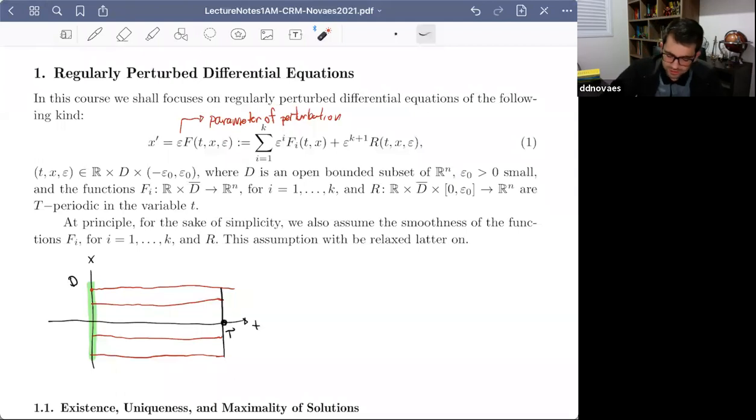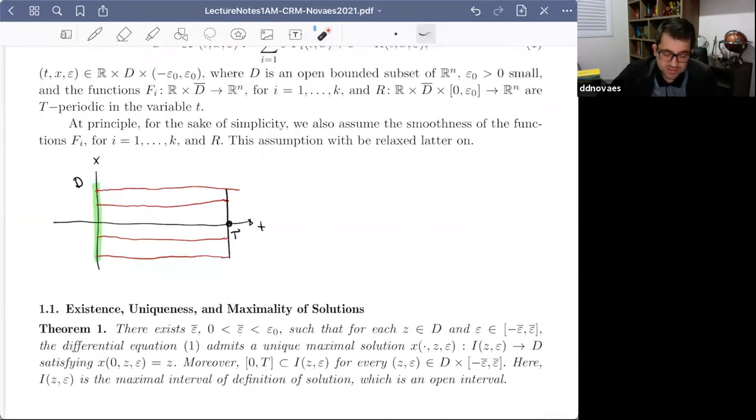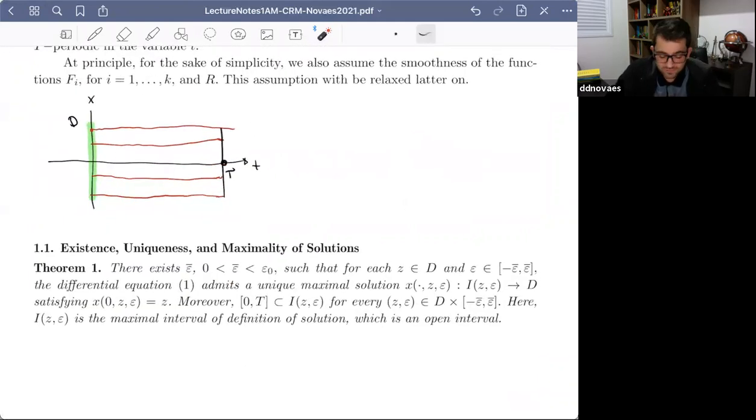Let's start from the very beginning. The first result about this differential equation is just a consequence of the Picard-Lindelof existence and uniqueness theorem for differential equations.